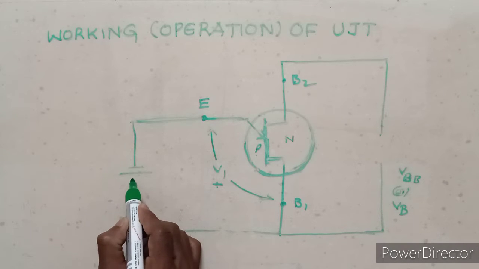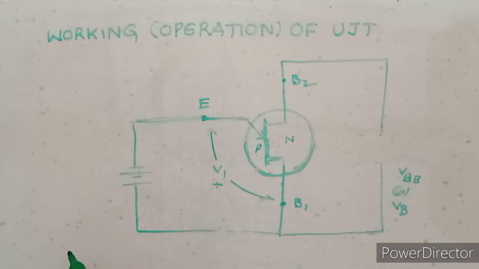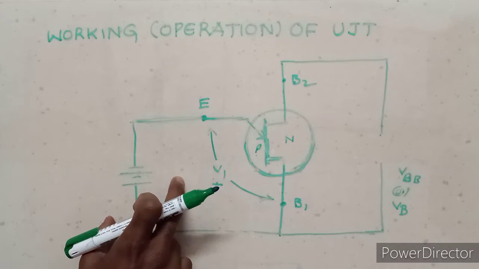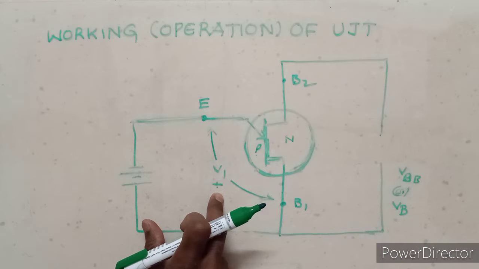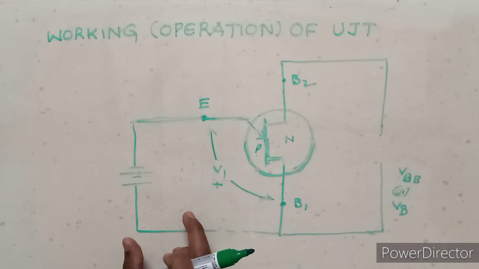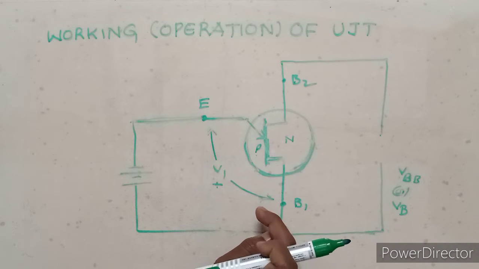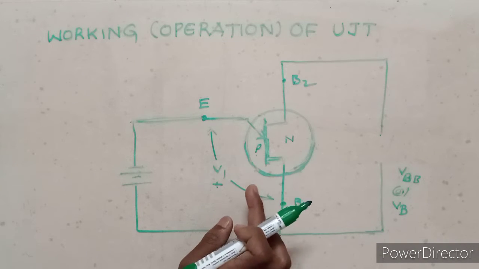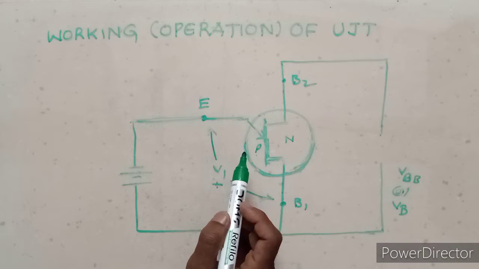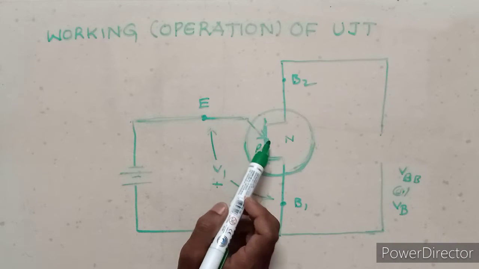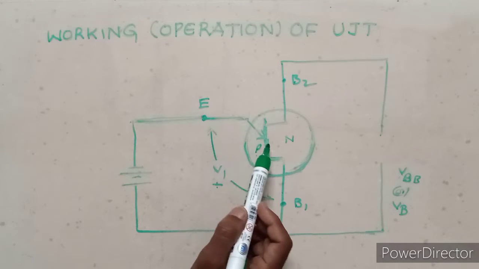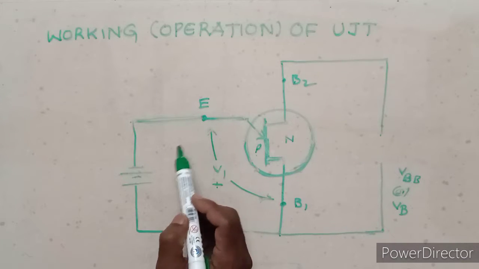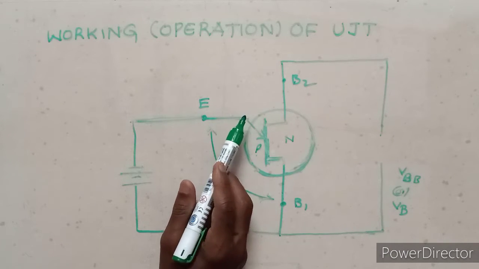Just like a diode, this voltage V1 makes a reverse bias on the PN junction, so a small leakage current flows to the emitter.